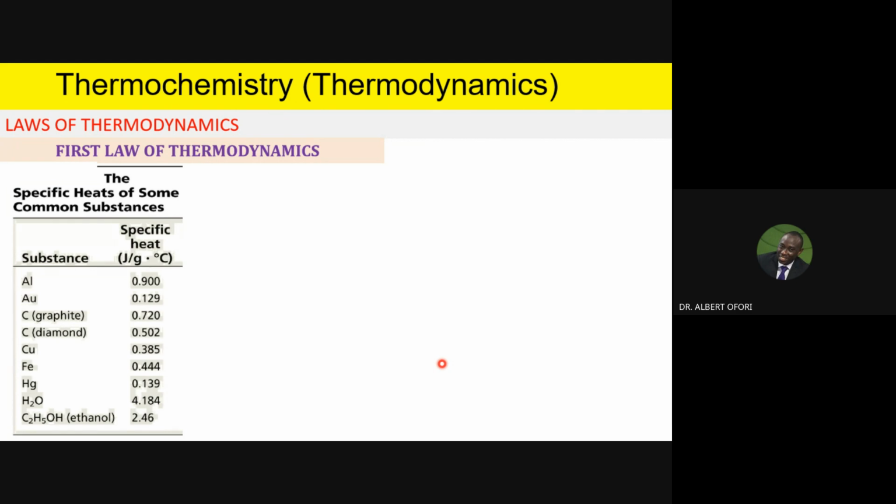Okay, if you are using Kelvin, then you should know how we change. How do we change degrees to Kelvin? Somebody help me. How do we change degrees to Kelvin? By adding 273. So plus 273 is what we get to have that.